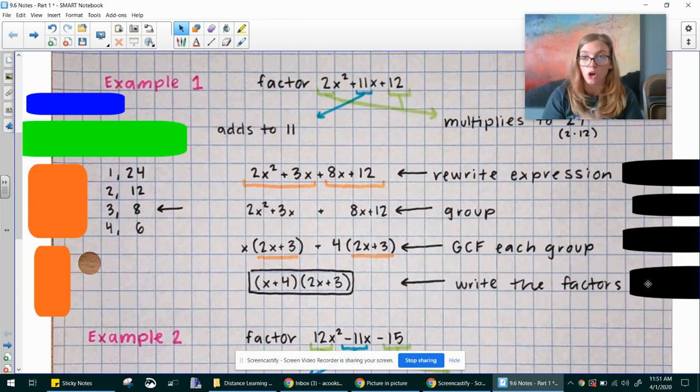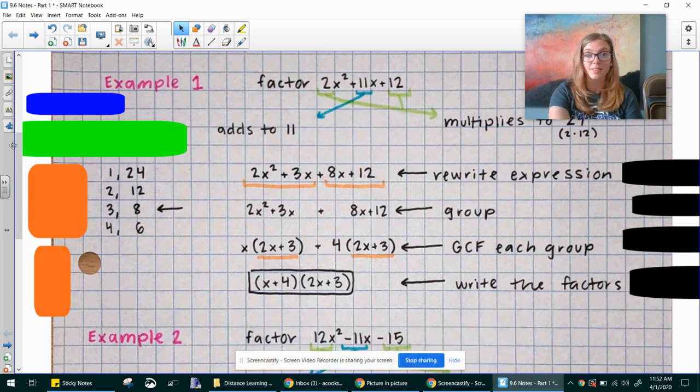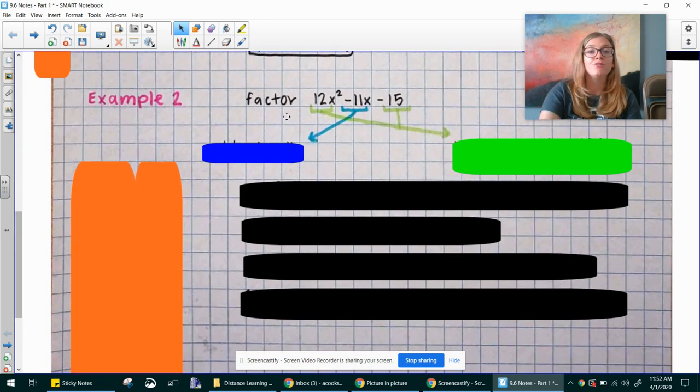This is the hardest part of factoring, factoring when we have a coefficient in front of x². If you always make sure to pull out your greatest common factor of your groups, though, you will always get the answer correct. Let's look at a second example. Here we need to factor 12x² minus 11x minus 15.